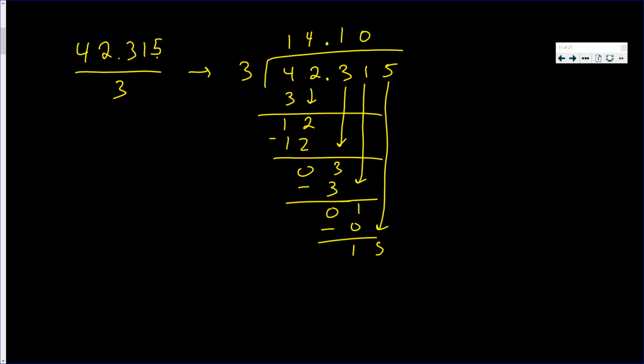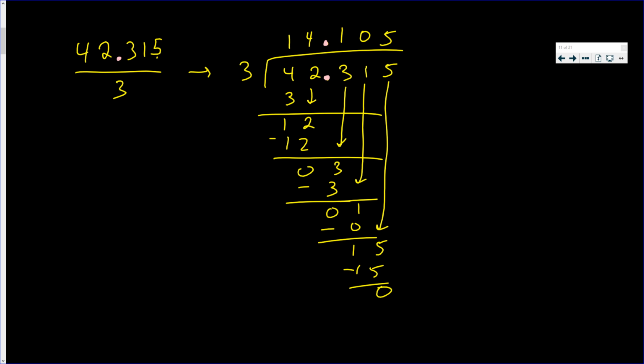We bring down the 5. 3 goes into 5 5 times. You subtract the remainder 0. Now, if you like, you can put the decimal where it was. It was between the 2 and the 3, and then put it up there. You can even put the decimal in at the end. The division is not different. Don't let the decimal bother you at all.